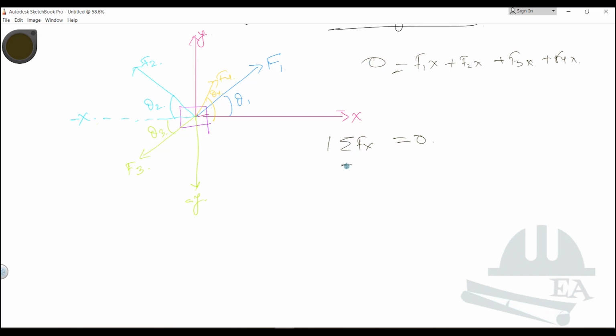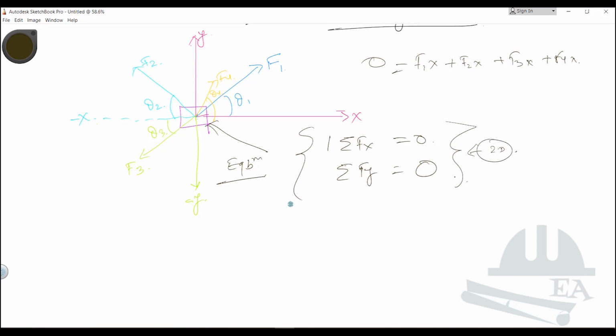Also, the summation of the forces in the y direction must also be equal to 0. If these two conditions are met, we say that this body is in equilibrium. So in a 2D plane, this holds true.